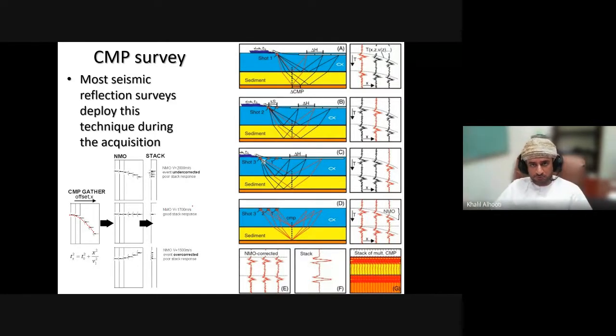I provide many different velocities and observe which velocity will perfectly align my traces. Probably I test velocities from 0 up until 6,000 meters per second, and check which velocity will flatten my reflectors.